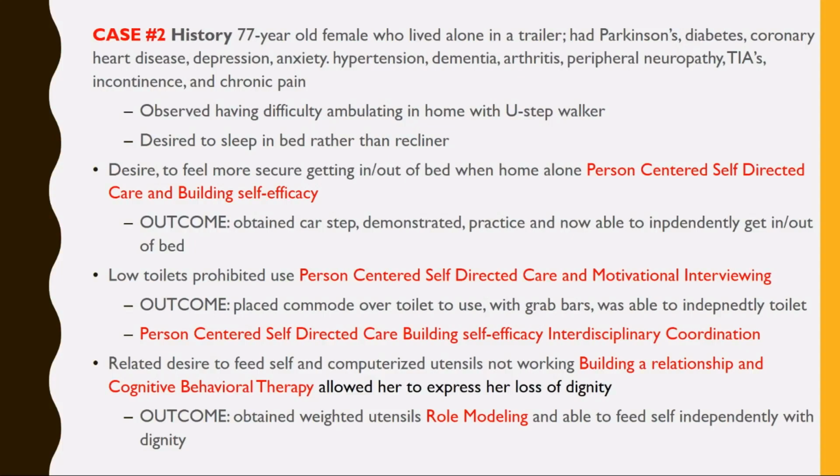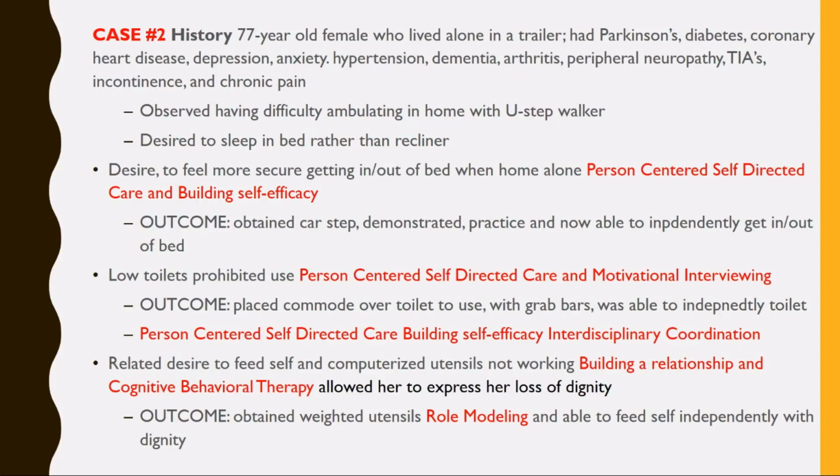So through the use of person-centered care planning and motivational interviewing, they were able to place a commode over her toilet to use with grab bars, and she was able to independently toilet. Through care planning, they built her self-efficacy and used interdisciplinary coordination to work as a team.